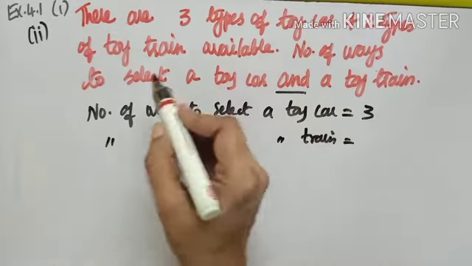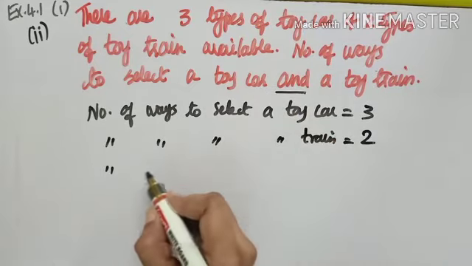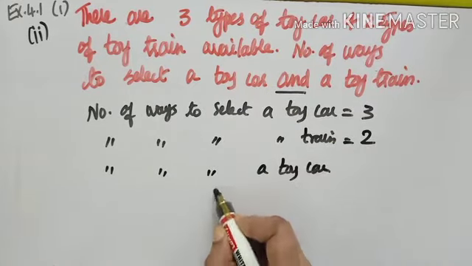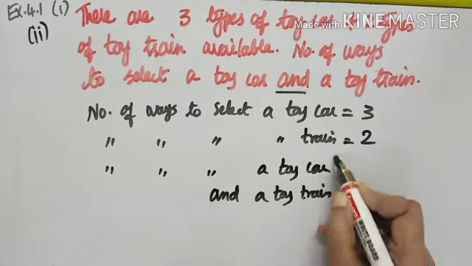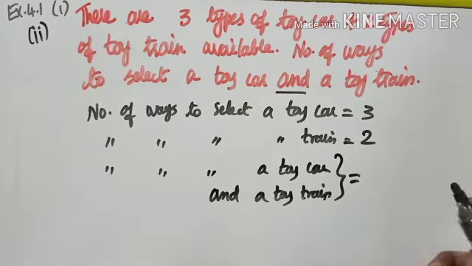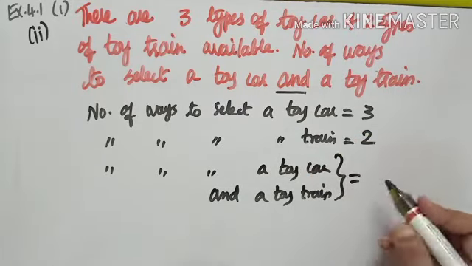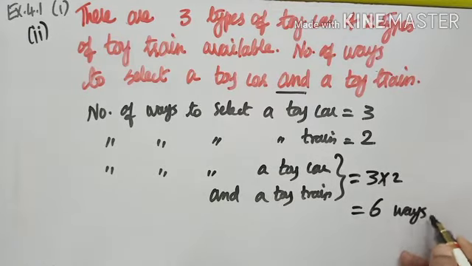How many train types are available? 2. The question is "and" now. So number of ways to select a toy car and a toy train tells me multiplying. The word "or" tells me to add and the word "and" tells me multiply. 3 into 2, 6 ways is my answer.